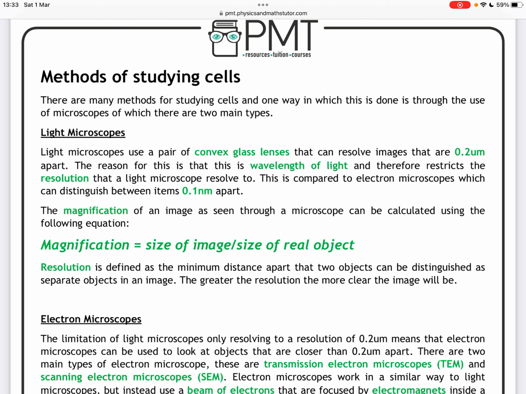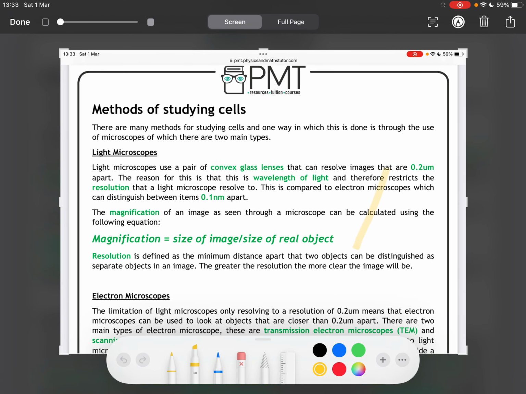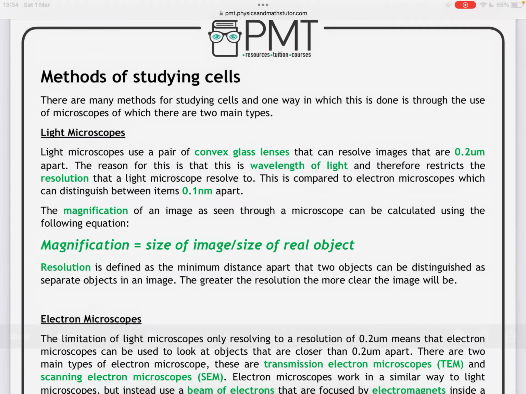The magnification of an image as seen through a microscope can be calculated using the following equation. Magnification equals size of image over size of real object, which we say I equals A over M. So we have I equals A times M. You can remember it this way.